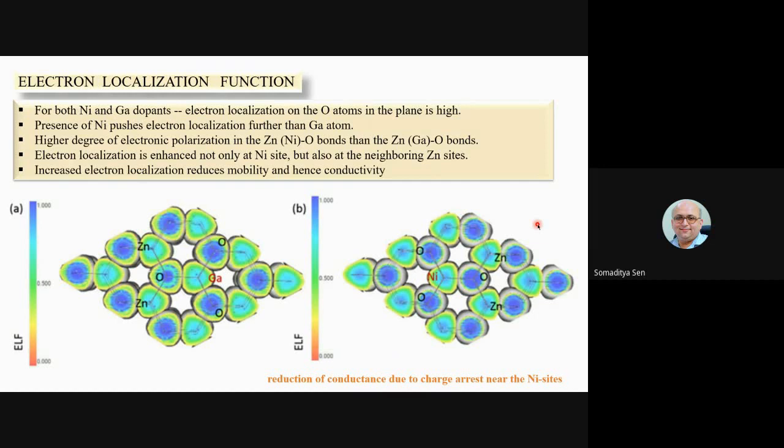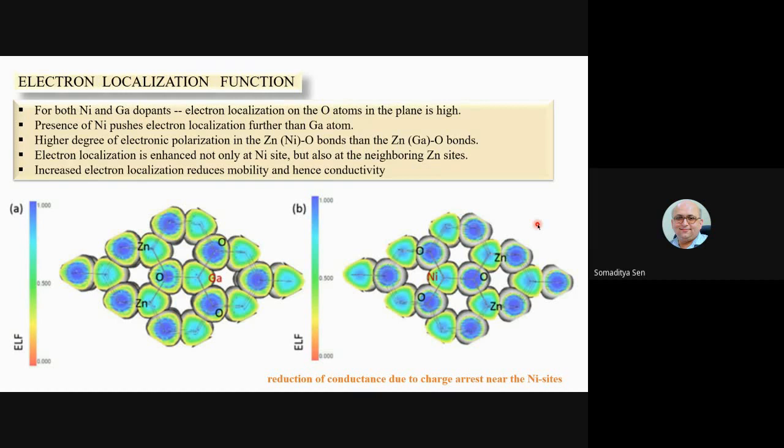But it has a 4 plus charge state, so it invites oxygen interstitials or zinc vacancies, right? So this definitely has its effect on the electronic charge distribution of the neighboring oxygens and zincs. That is what has been studied in these materials nowadays.